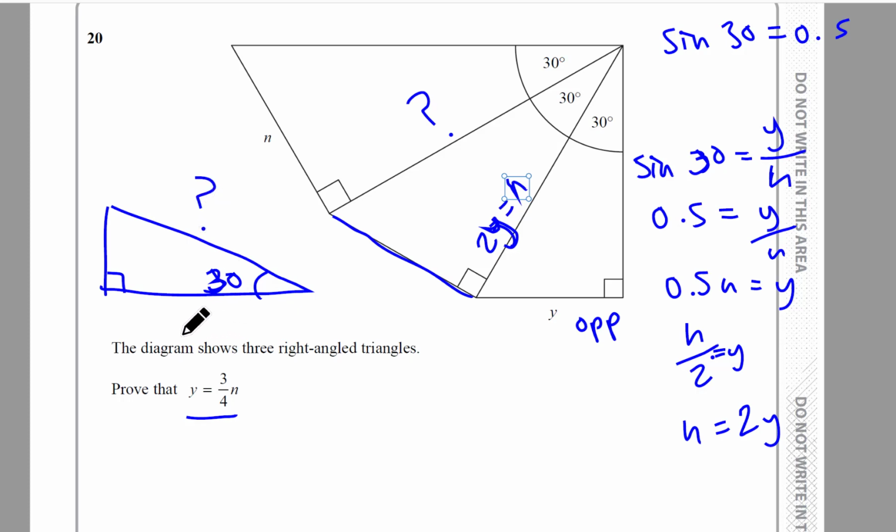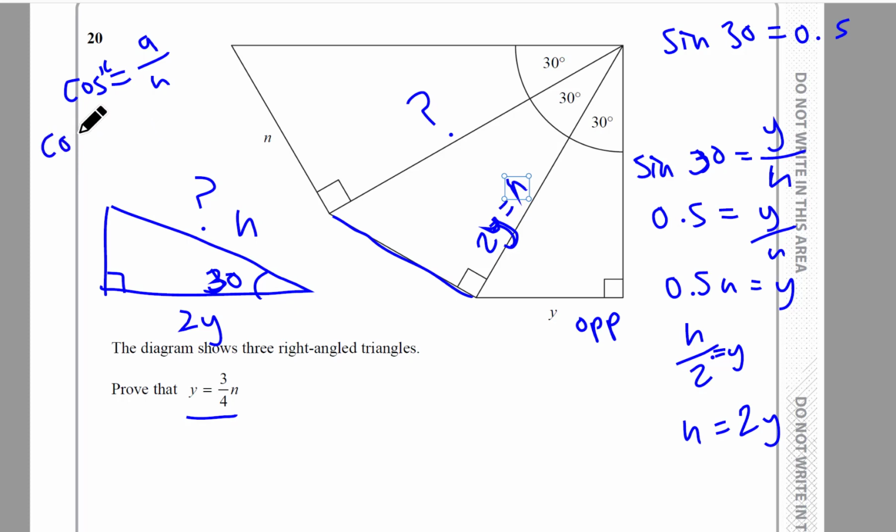And we have 2y here. We've got to keep things in terms of y. So what do we have here? That's the hypotenuse, that's the adjacent. So we have cos equals a over h, right? Adjacent is 2y, but cos theta, so I just forgot the cos x.